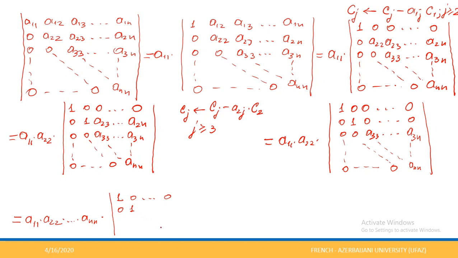Here diagonal elements will be ones, and all elements above and below the diagonal will be zeros. From the previous lesson, we know that the determinant of the identity matrix is 1. Then it will be a11, a22, times ann. That's all.